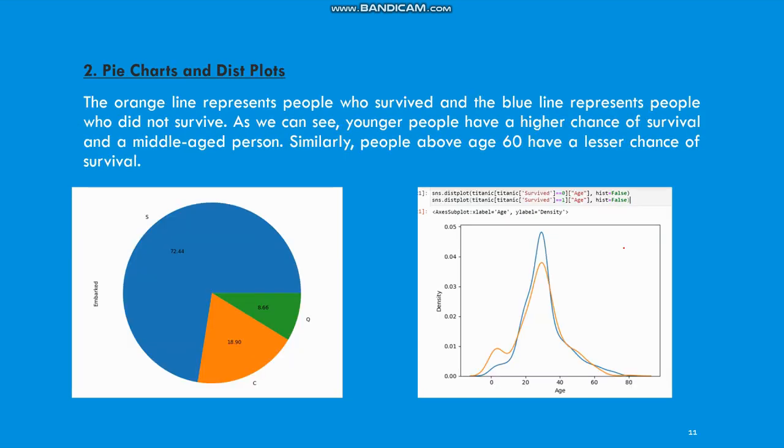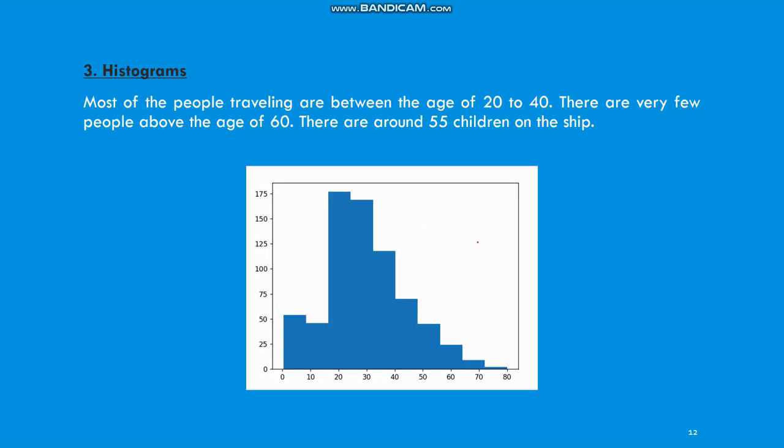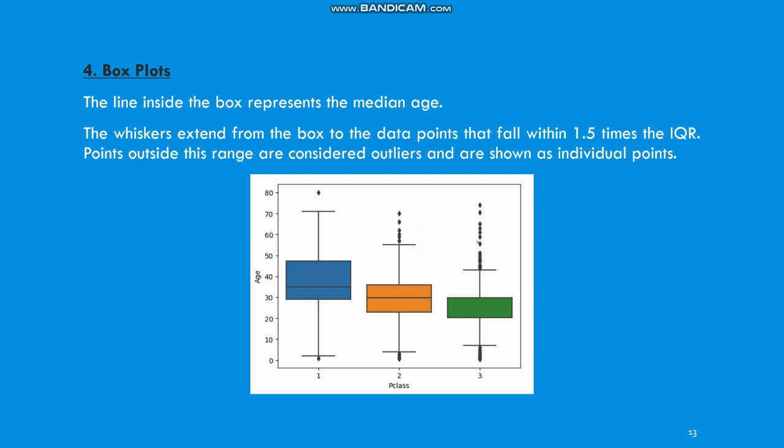Then there is the pie chart. A pie chart is similar to a count plot, just in a circular format. And then this is called a dist plot. We'll see how to read these things. Then there are histograms and box plots. These dots represent the outliers, and the middle line represents the median of a particular column.